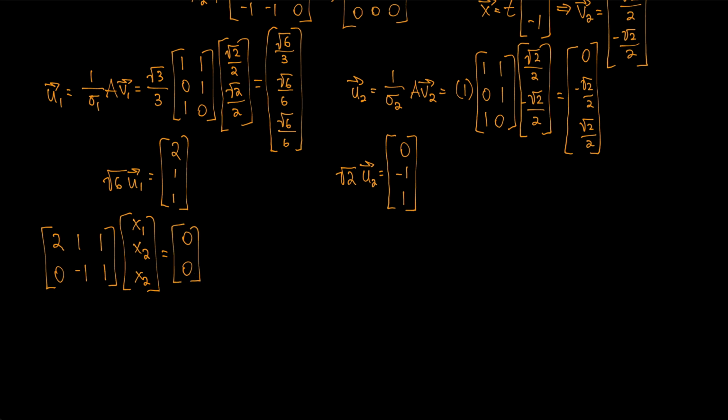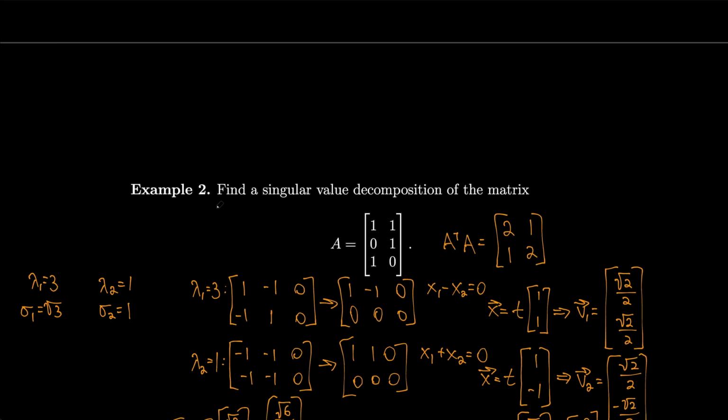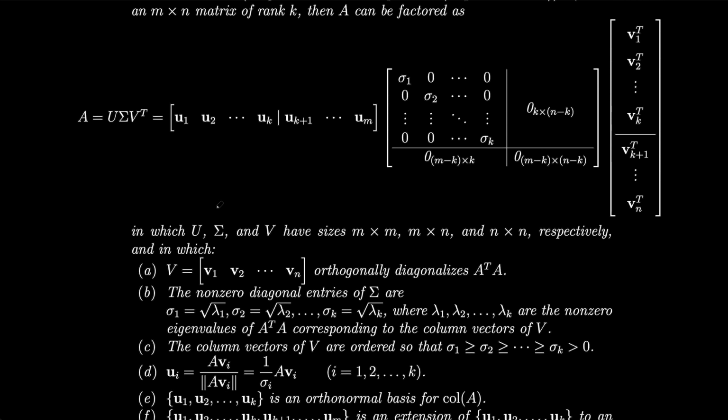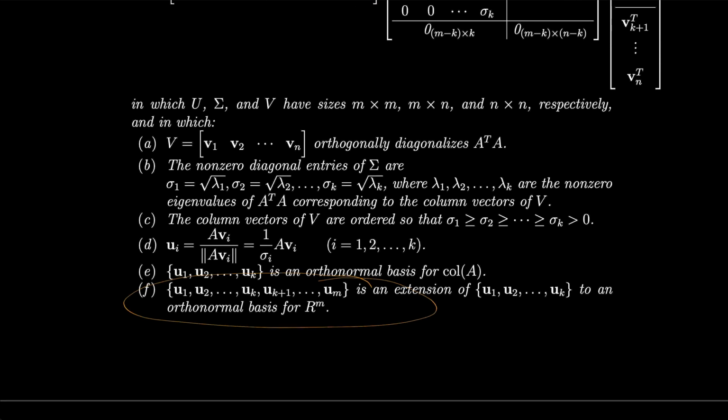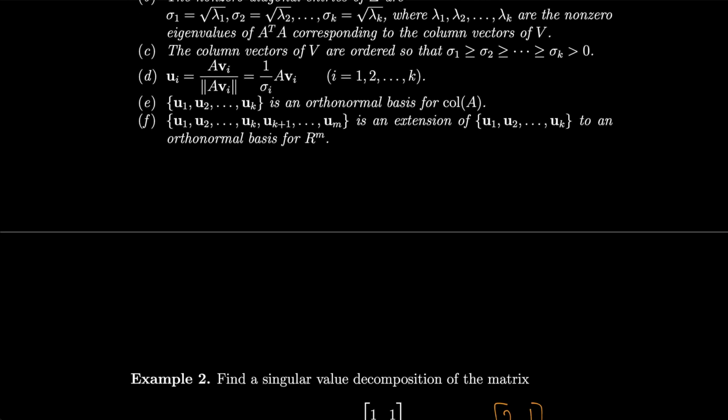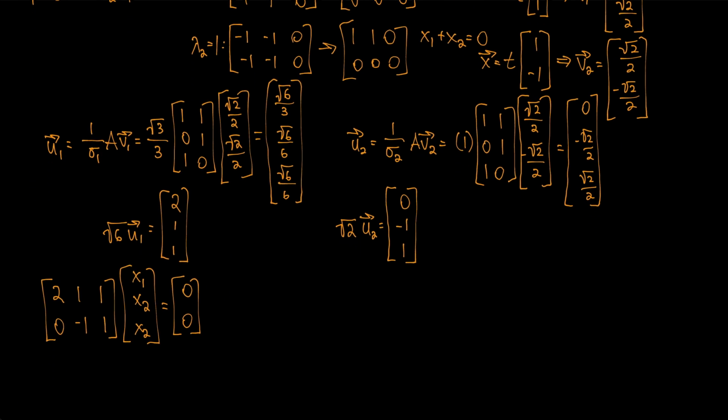This x is exactly what we need to extend our basis of u's, because remember that the capital U that we have is not just the u1 through uk. Right now we have u1 through u2. For this part, we also need to extend it to, in this case, R3. That's our last step, because we have the orthonormal basis for the column vectors of A, but we don't have the extension yet.